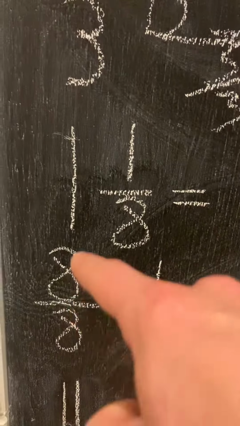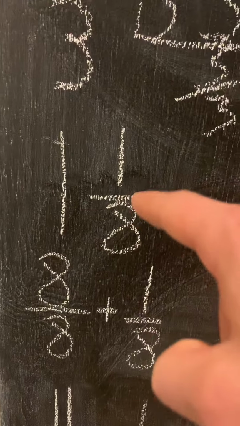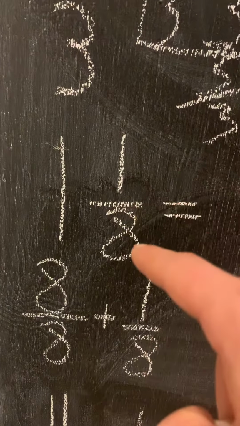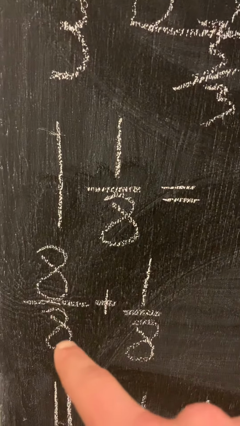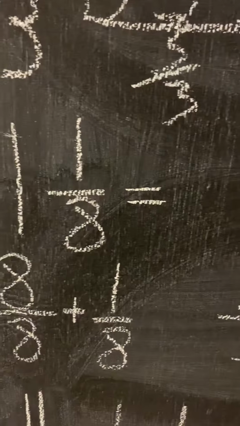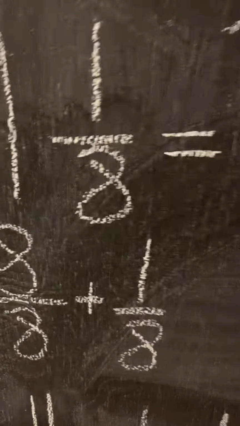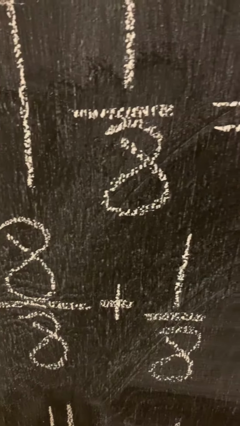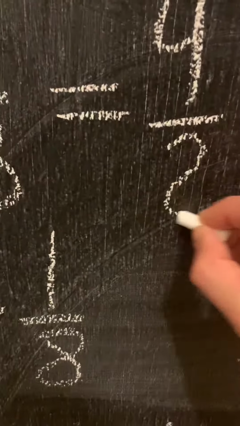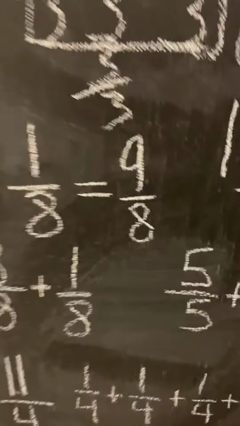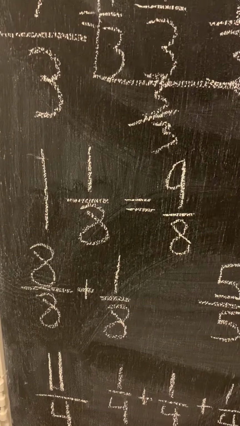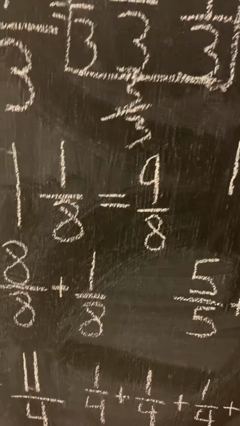And then we still have the fraction part of the mixed number. So what's 8/8 plus 1/8? Yeah, 9/8. So the mixed number 1 1/8 equals 9/8. Sorry for the camera work again.